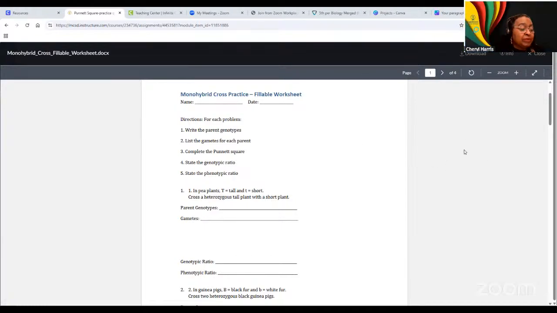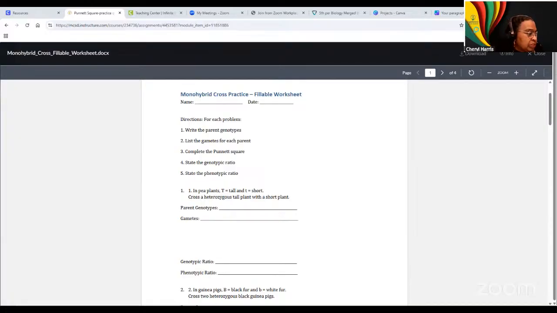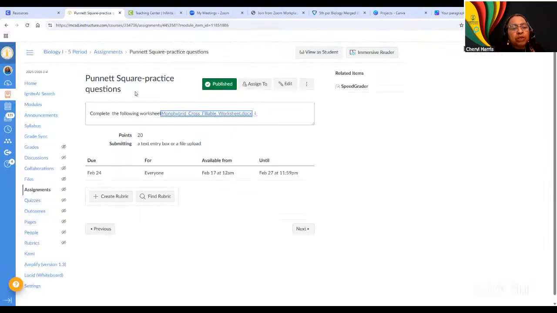Sorry about that, folks. But y'all got to come on time because once I start, we've been doing a lot. So let me stop sharing for a minute so I can correct the attendance. In the meantime, in Canvas, you need to download this worksheet. It's in the folder. It says Punnett Square Practice.